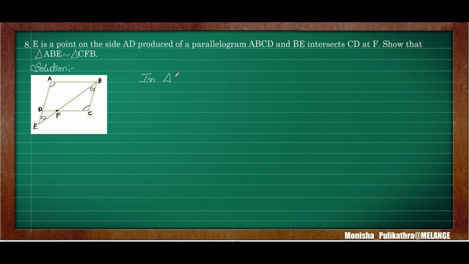In triangle ABE and triangle CFB, we can see that the opposite sides of a parallelogram are equal. In triangle ABE, angle A and in triangle CFB, angle C are equal to each other because opposite angles of a parallelogram are equal.